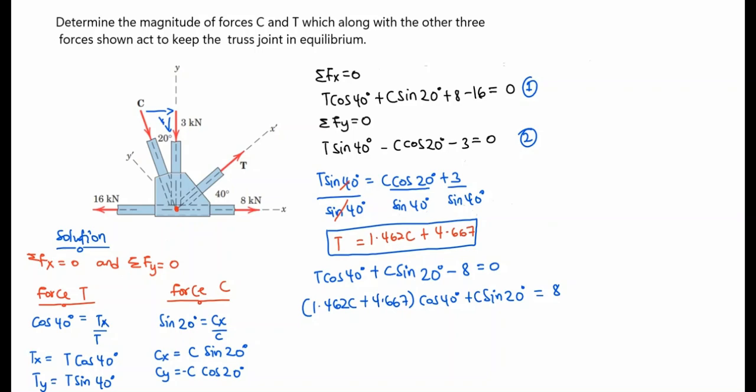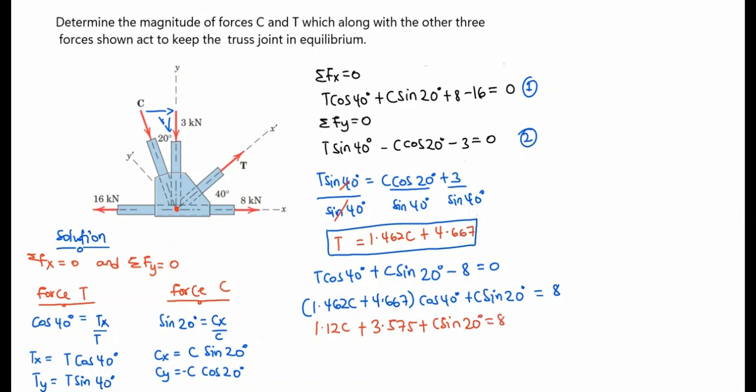1.462C multiplying cosine of 40 gives 1.12C, and 4.667 times cosine of 40 degrees gives 3.575. Plus C sine of 20 degrees, which should be equal to 8.